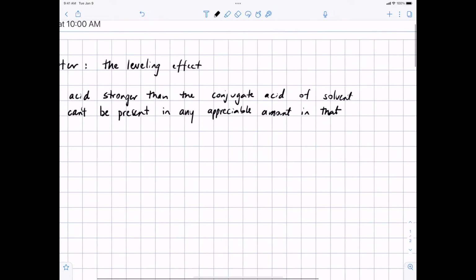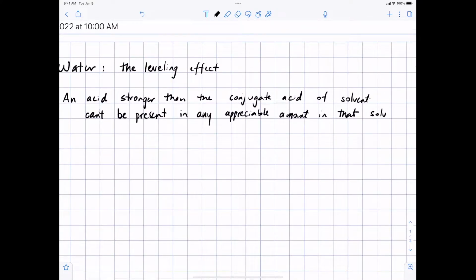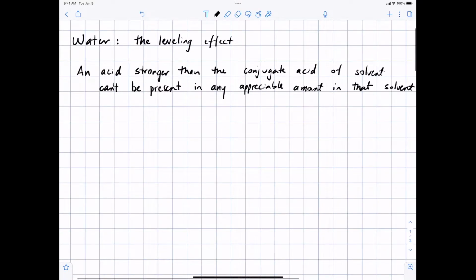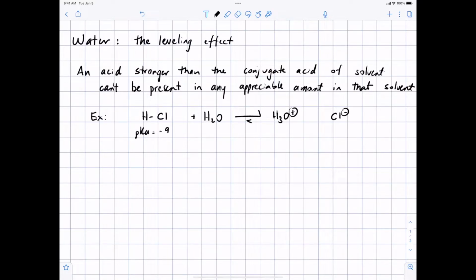And maybe this is obvious, but for example, HCl and water are in equilibrium with H3O+ and Cl-. The pKa of HCl is -9. The pKa of H3O+ is around -2. You know how to do equilibria.